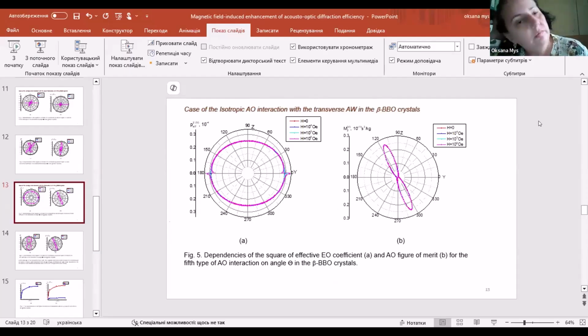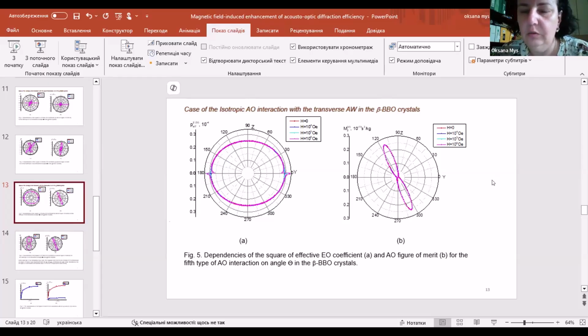We studied BBO crystals and KDP crystals, and we obtained that application of magnetic fields leads to a sharp increase of the efficiency of acousto-optic interaction, caused by the increase of effective elasto-optic coefficients, which results from the appearance of ellipticity of the incident optical wave due to the action of magnetic fields.